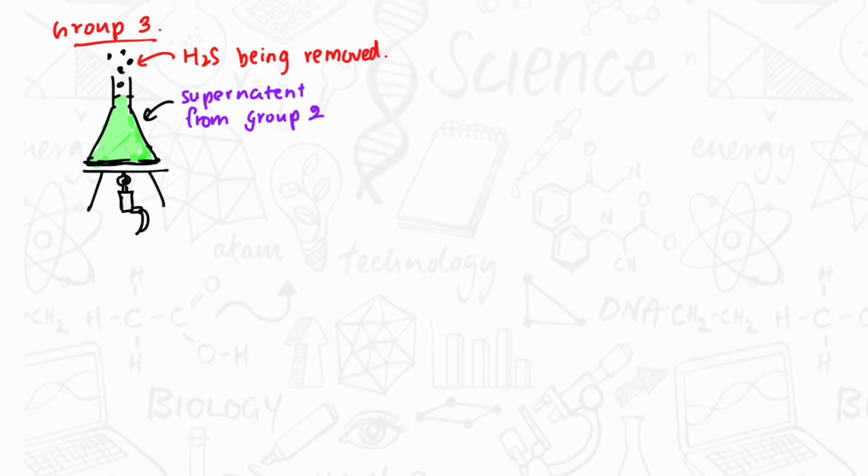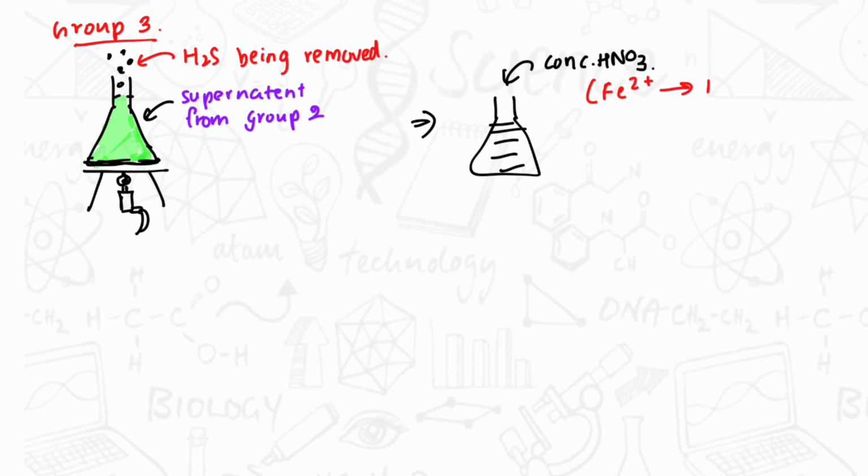First, we take the supernatant from group 2 and then we heat it until all the H2S gas is removed. After that, we take the sample and then we add concentrated nitric acid. This is done in order to oxidize iron 2 plus to iron 3 plus.